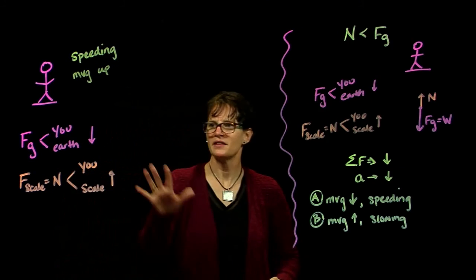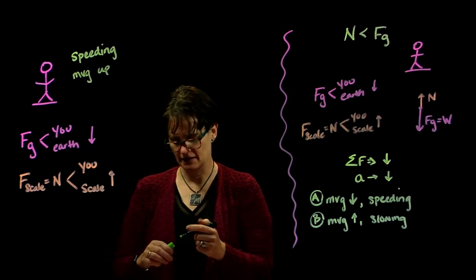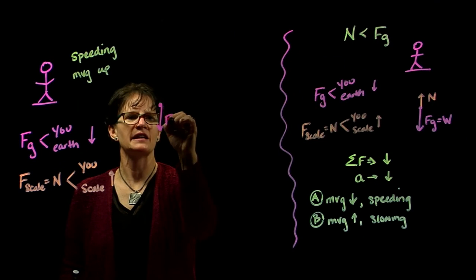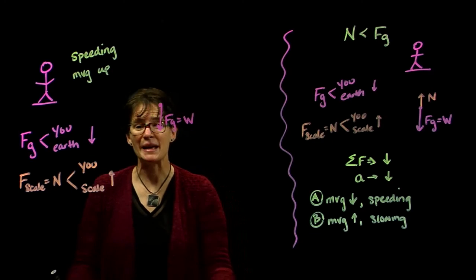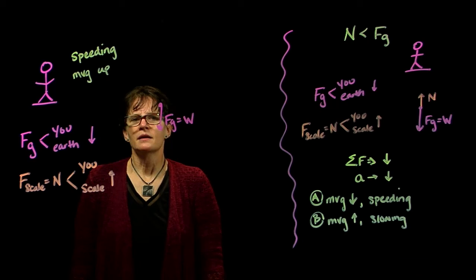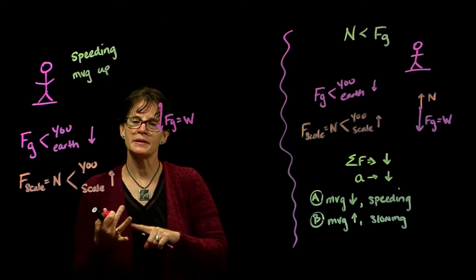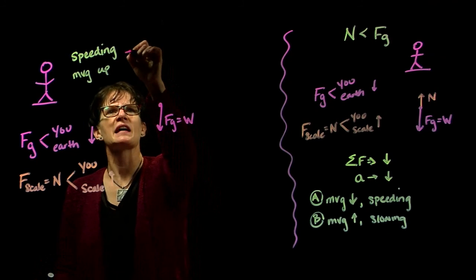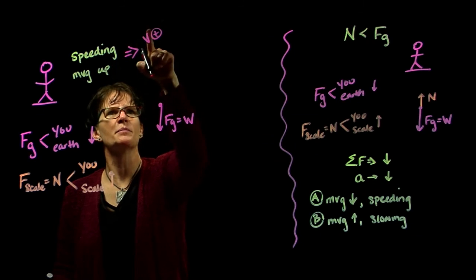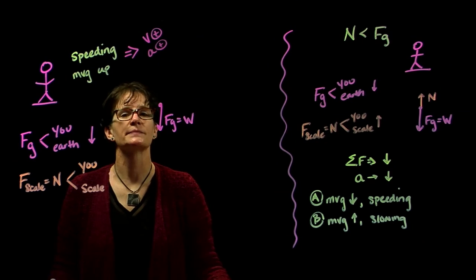All right. Well, these are still the same two forces acting on us in the elevator. We have the force of gravity and the force of the scale. Now, regardless of what I am doing in the elevator, the force of gravity is always my weight. That arrow is always the same, regardless of whether I'm moving up, down, speeding up, slowing down, constant velocity. So I'm told I'm moving up and speeding up. This tells me that the velocity is positive, and if I'm speeding up, the acceleration is in the same direction, also positive.